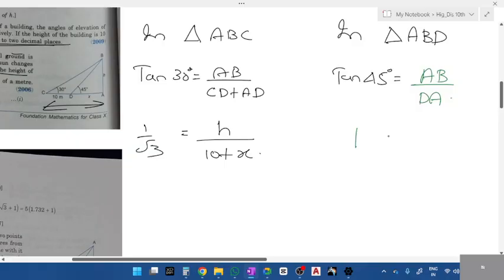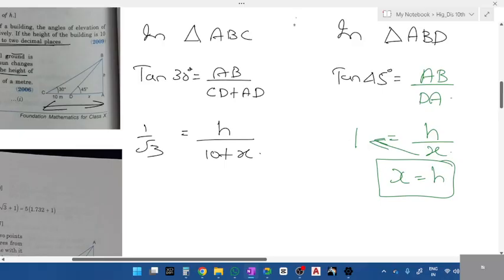What is tan 45? 1 is equal to AB, which is h, divided by x. Not 1h. How can it become 1h, Naomi? If x goes to the other side, x is equal to h, right?